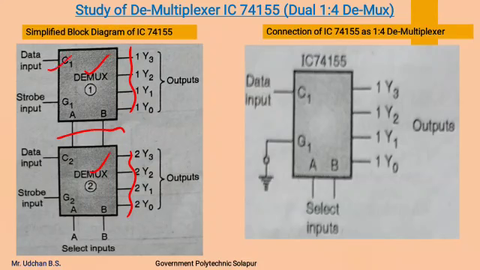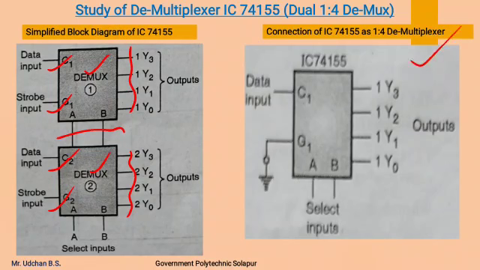The data input line of the first demux, the data input line of the second demux, the strobe input line G1 and the strobe input line of the second demultiplexer. Here the strobe input line is an active low input terminal, that is, it will be active when it is grounded. So to enable the demultiplexer we have to provide a ground connection to the strobe input so that the available data input can be available over the selected output lines.